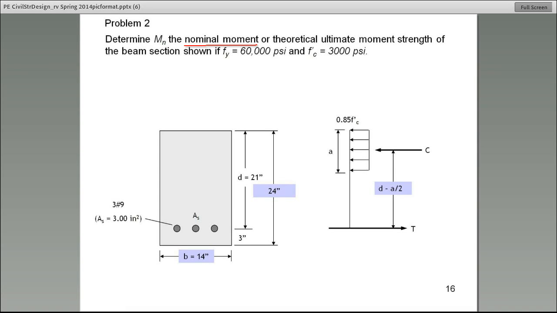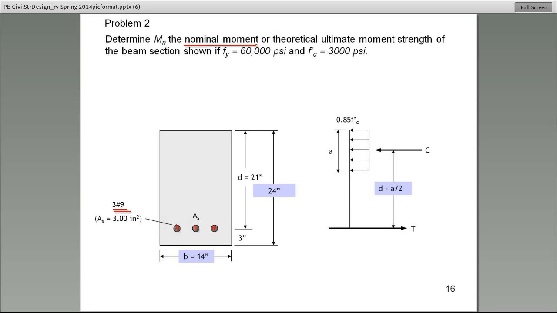All right, so let's say that you're given this cross-section with the dimensions that are given here on the left-hand side. And by the way, these round things here, those are the reinforcing bars. In this case, we are assuming that the tension is at the bottom. Don't always assume that the tension is in the bottom.